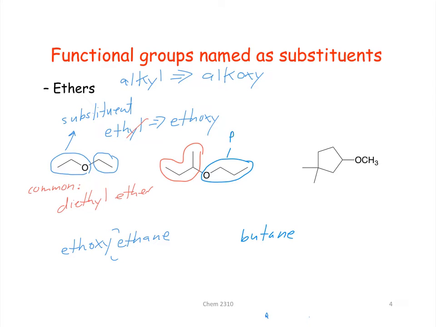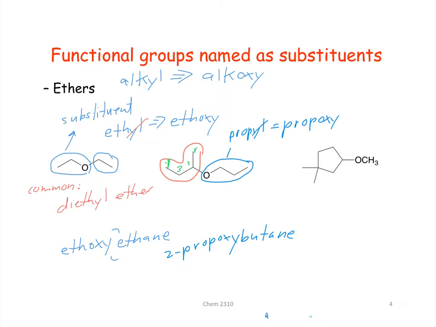So we're going to go 3 carbon piece, propyl, and we're going to cross that part off and make it propoxy. Alright, so we're going to number this 1, 2, 3, 4. Right, so this is going to be 2-propoxybutane.